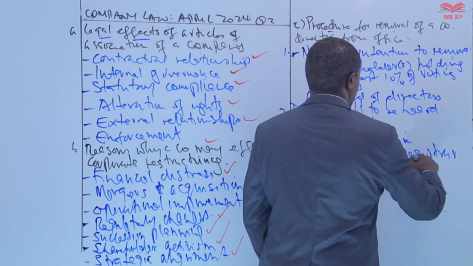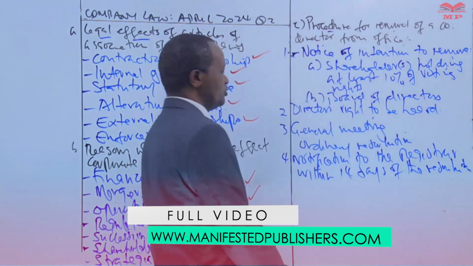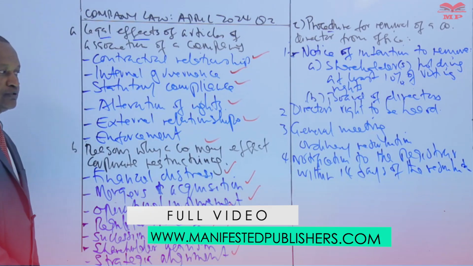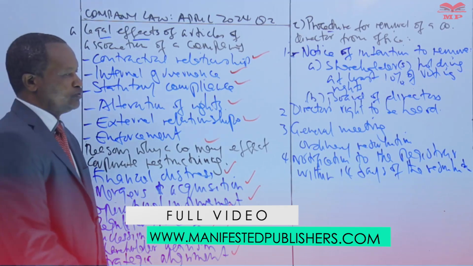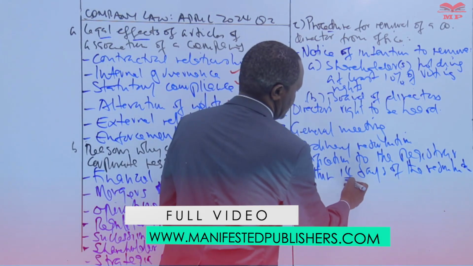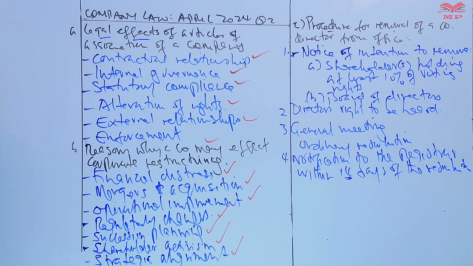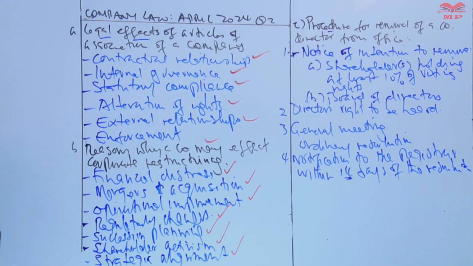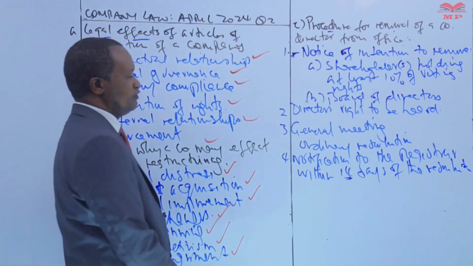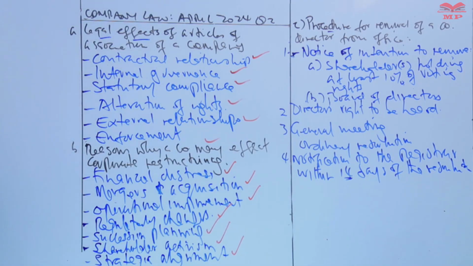It has to be within 14 days. Procedure, candidates. When answering, you have to remember the timelines. Notification to the registrar after a resolution is passed by a simple majority of the votes at the general meeting.